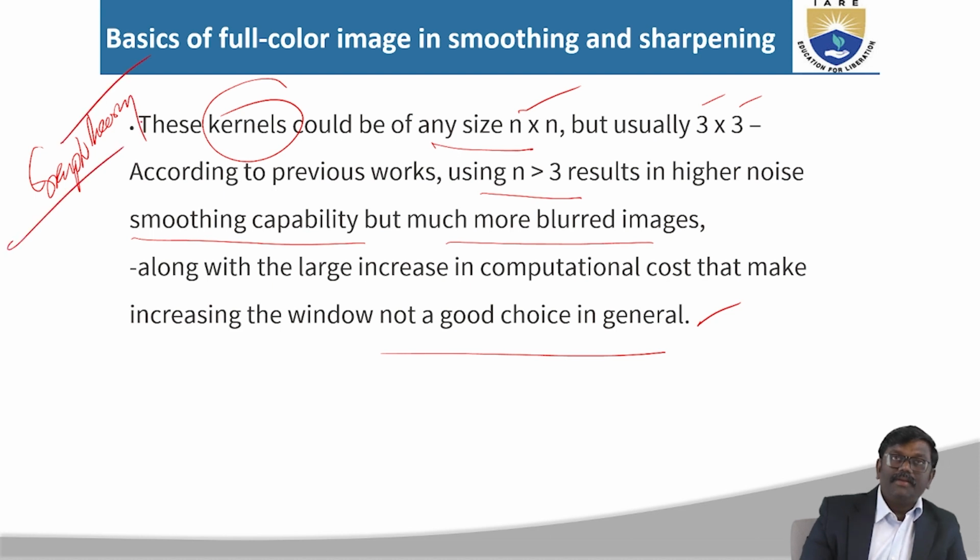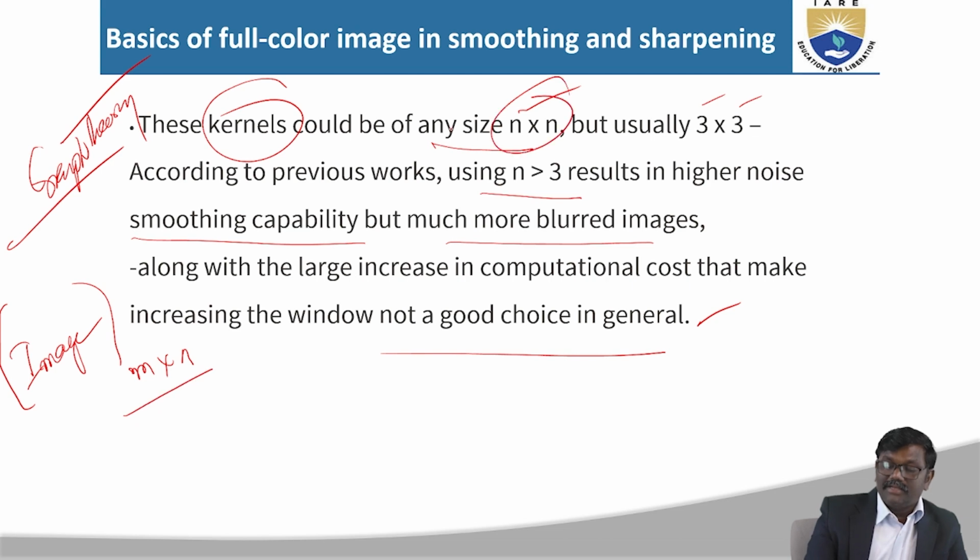Graph theory helps in the sense that we keep the image in terms of a matrix, that is m by n, where m by n is the size of the image, which gives higher noise smoothing capability but much more blurred images.